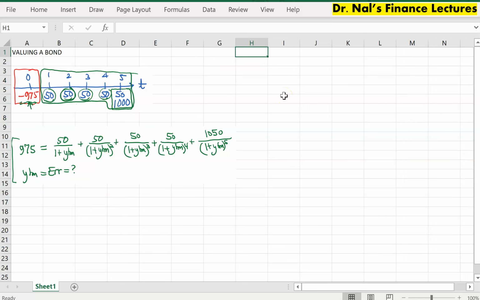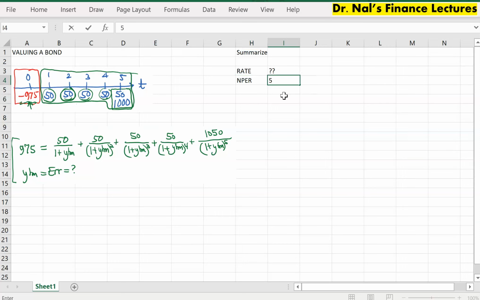We need to summarize all the givens, and in general there are 5 features. So we have the rate of the bond. That's what we want to calculate. We decided to call it the expected rate of return. Next is the number of periods. So this is a 5-year bond apparently, right?